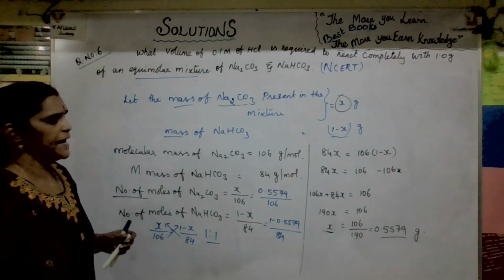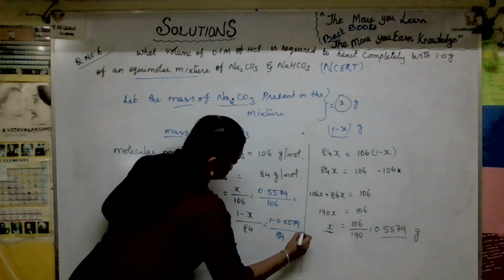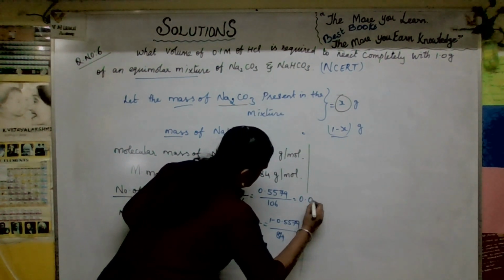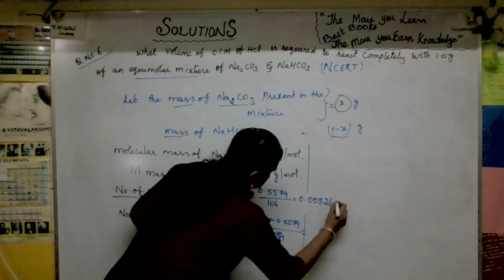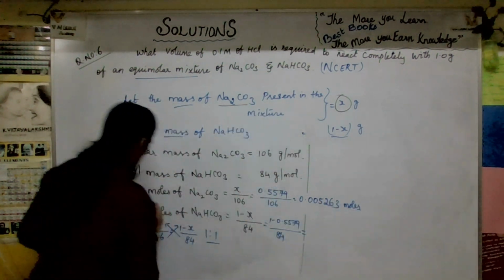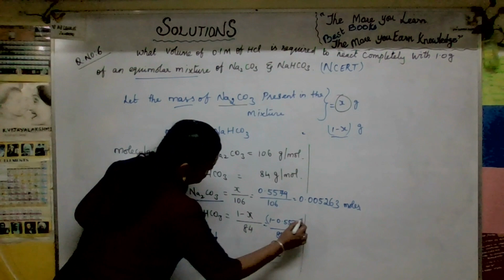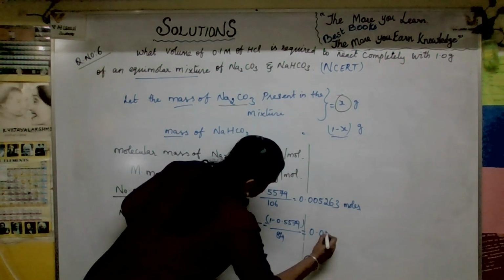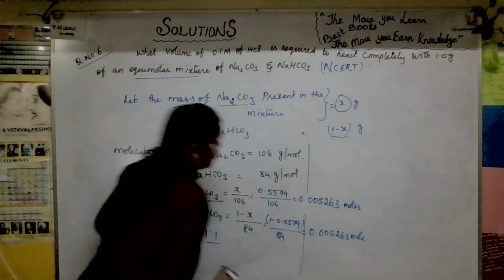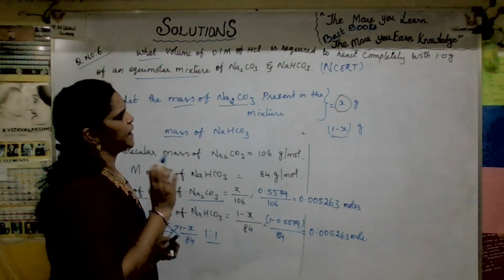Can you calculate this? You will get the answer 0.005263, so that is number of moles of sodium carbonate. Here also the same thing, you will get 0.005263 moles. Okay, now let us calculate the volume of that 0.1 M of HCl required to react.